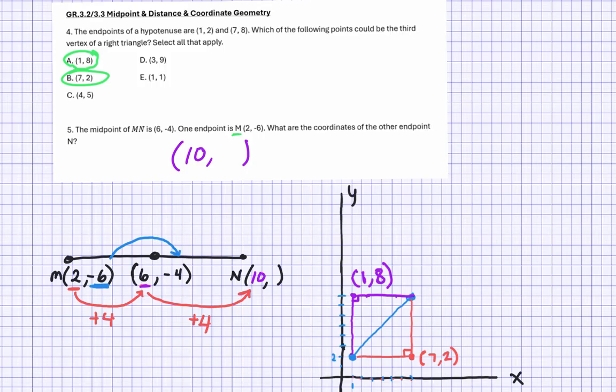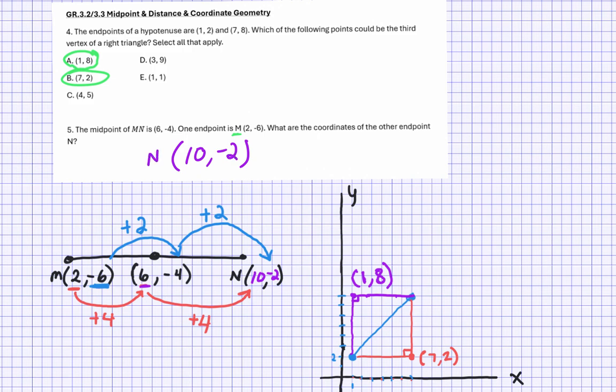Well, I'm still negative, but I increased, I added 2. So that means to go the rest of the way, I need to add 2 more. So -4 plus 2 should take me to -2. So my y-coordinate's -2. All right, and that was the name of it was point N.